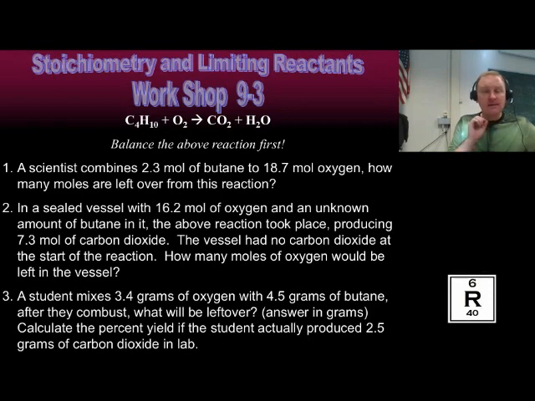Number 3 is your goal. You want to be able to answer questions like number 3, and all the other questions will be a lot easier because number 3 is going to make you do so much work. And there'll be questions like number 3 on any limiting reactant stoichiometry test you take. So this is the goal that you really want to be able to get to. I will go over these with you next time I see you, and good luck.